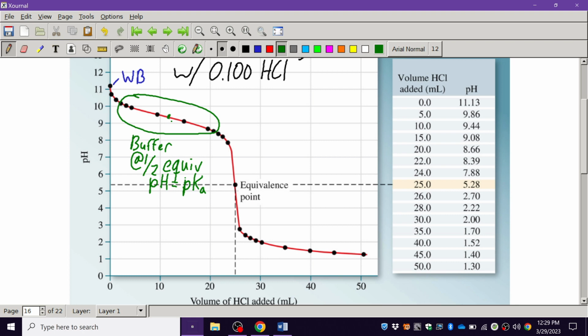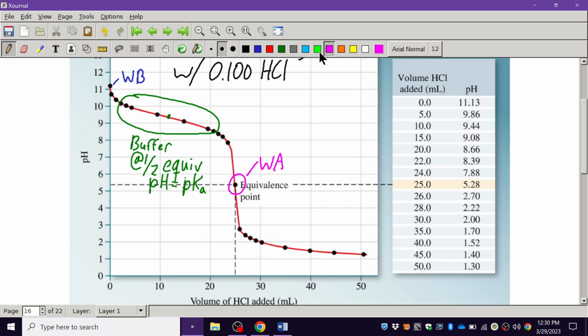And if you expanded your scale, you could figure this out a little bit more precisely, I should say. All right, you get to the equivalence point. The pH at the equivalence point is well below 7. It's about 5.4, so 5.35, 5.4 again, right?